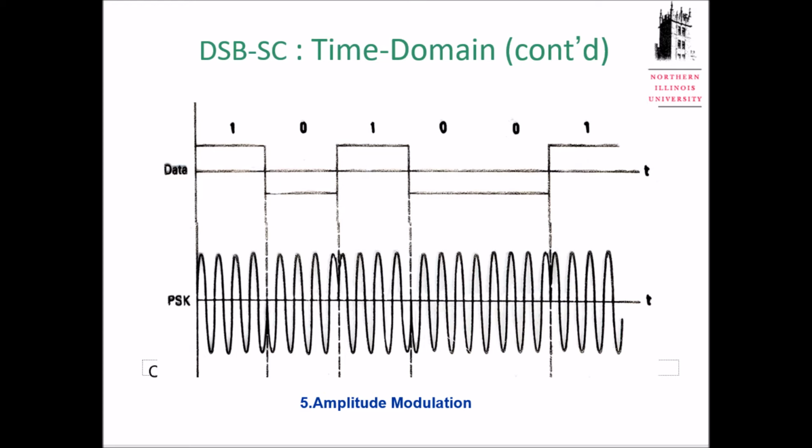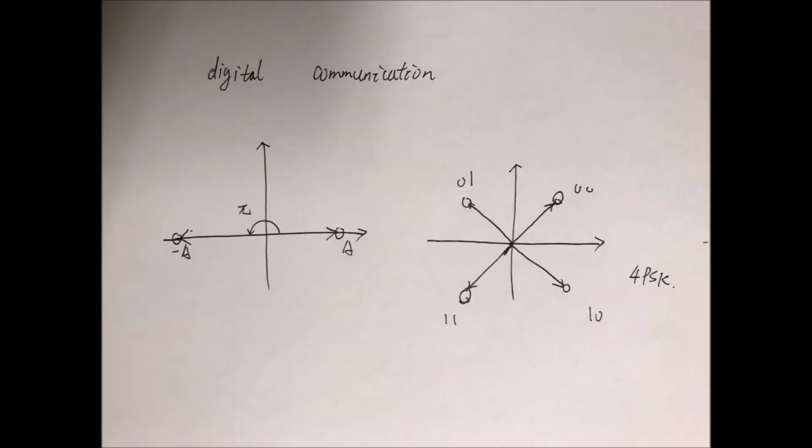For example, this sinusoid starts with 0, this one starts from pi, and if I start from pi over 2 or 3 pi over 2, I have 4 different phases. So we can carry 4 different pieces of information, which is two bits. This one is not required for digital communication.